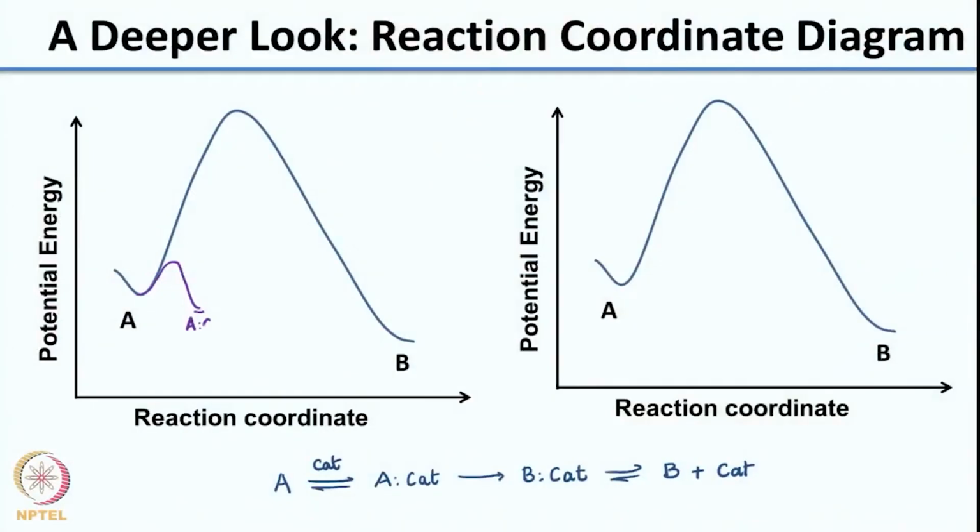When it binds tightly to the reactant, you have a lowering in energy. So, this would be a catalyst complex. Now, say it does not have a great affinity to the transition state, it just stabilizes the reactant. Now, what happens? The activation energy for formation of B will still be very high. Let us call this B.